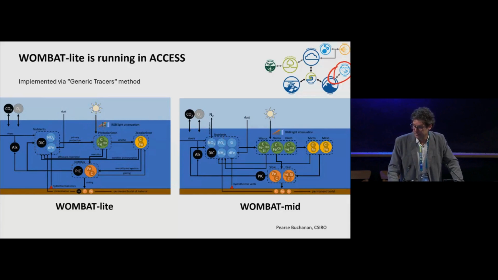But looking forward, we'd like to also have the capability to include more tracers, and this is what's going to happen in WOMBAT Mid. This makes it more expensive, but it also includes more processes. So perhaps one day there'll also be a full-strength WOMBAT. I think that's in Pierce's plans, but at the moment we're looking at implementing both WOMBAT Lite and WOMBAT Mid into the ACCESS framework. Initially in ACCESS OM2 and then in ACCESS ESM in time for CMIP.